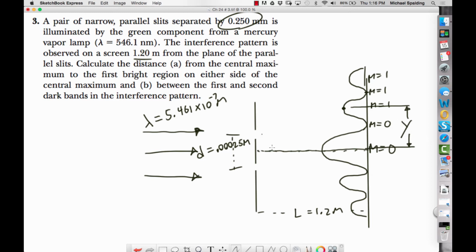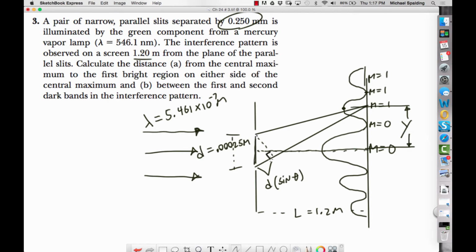Now, the equations that apply here, so we're going to that point on the screen. In order for that to be constructive, the bottom ray is traveling a farther distance. Now this extra distance works out to be d sine theta, which you also saw in the diffraction grating, where d is this hypotenuse.